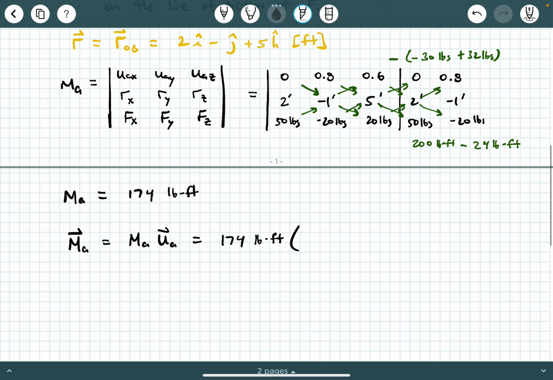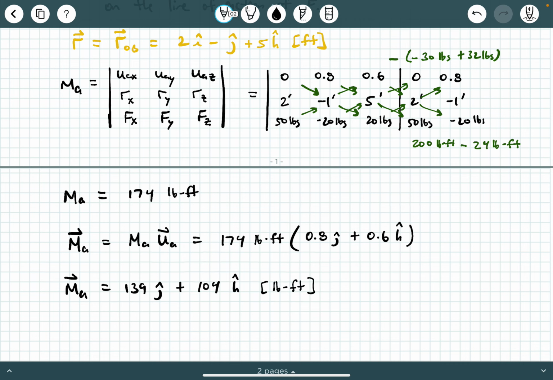So that'll be times 0.8j plus 0.6k. All right. And when I distribute this to each of these components, this is a vector times a scalar. What do I get? I get 139j plus 104k, collectively with units of pound-feet. And this is my final answer.